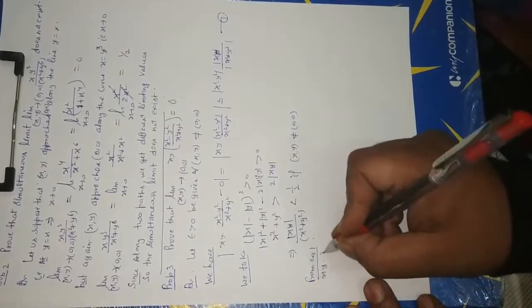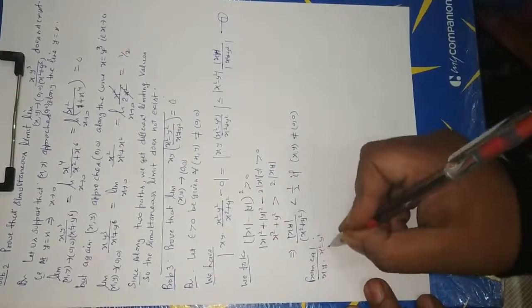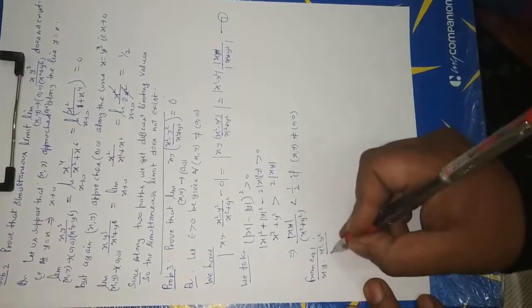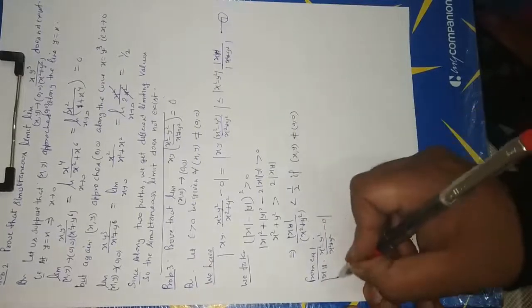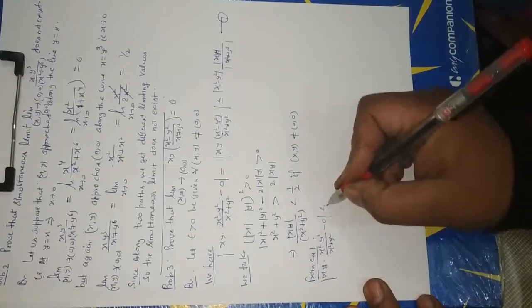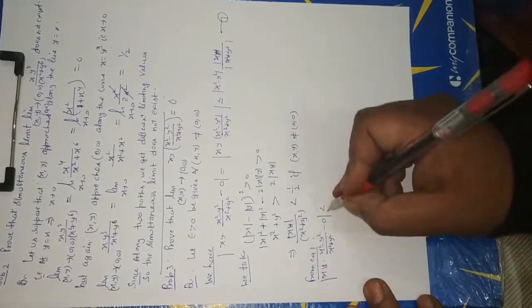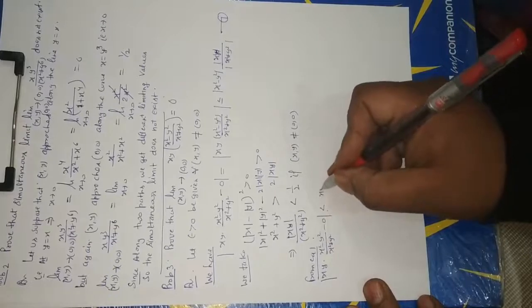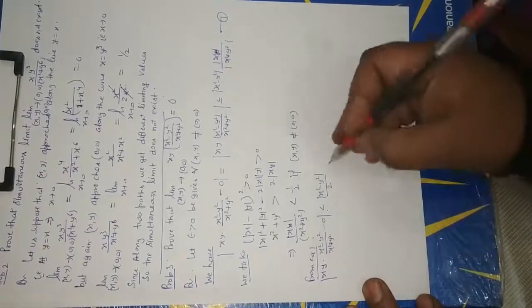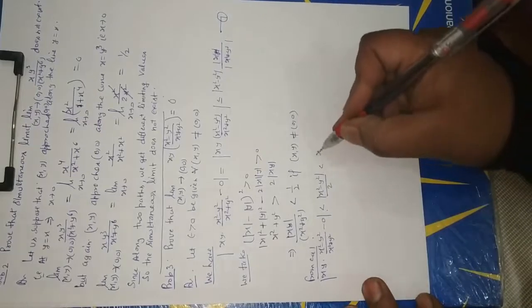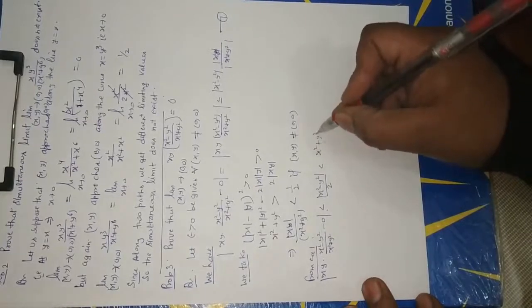the modulus of xy(x² minus y²) upon x² plus y² minus 0 is always less than or equal to |x² minus y²| upon 2. This is always less than or equal to x² plus y² upon 2.